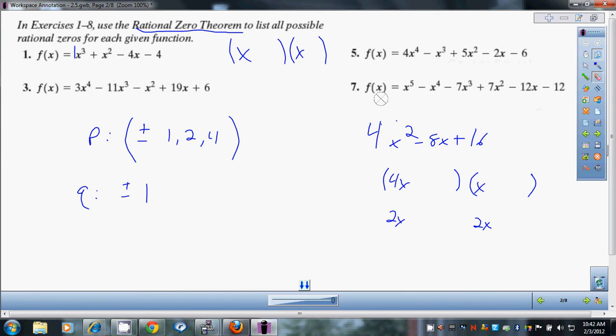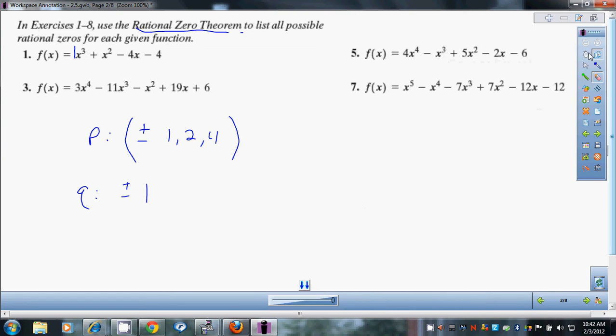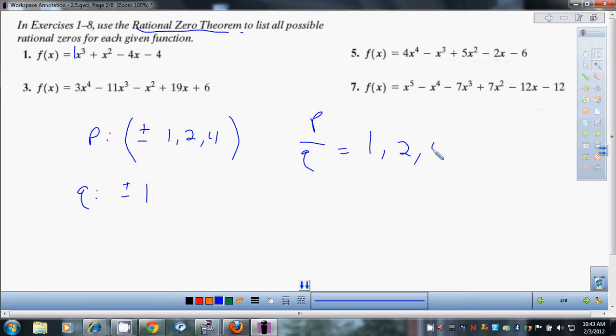The rational zero theorem states that just like when you originally learned to factor, if you're going to have rational zeros to a function, meaning zeros that aren't really ugly, something like 1/2, 2, 5, something that's a nice round number, they're going to come from some p over q. What does that mean? It means I'm going to put all possible combinations of all of these numbers divided by all of these numbers, which is 1 over 1, 2 over 1, and 4 over 1, both positive and negative.